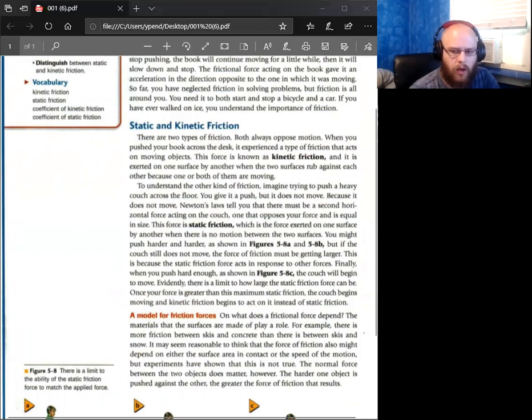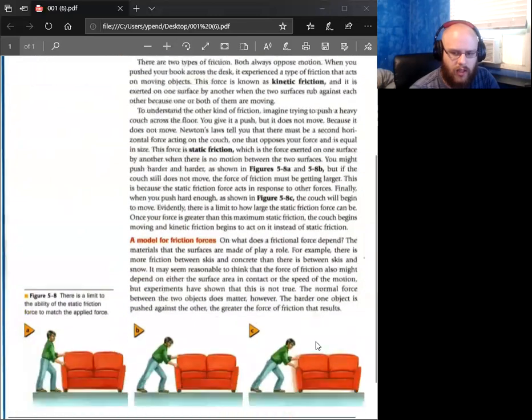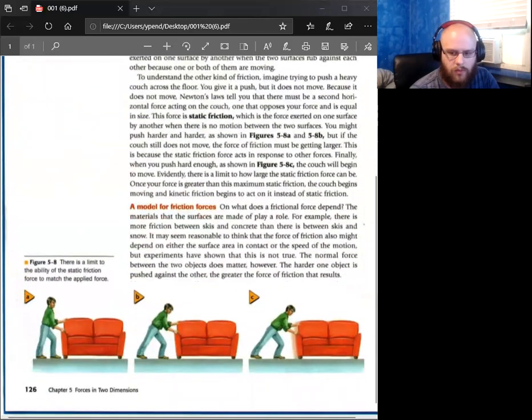Thinking back about what I read about kinetic friction and looking at the image of the man moving the couch, I can now see that in part A, the man has yet to push against the couch, and in B, he is pushing against it, but it has not overcome the static frictional force, and therefore the couch still isn't moving despite him pushing. And in part C, he has overcome the static force and is now probably feeling the kinetic frictional force since it's now in motion.